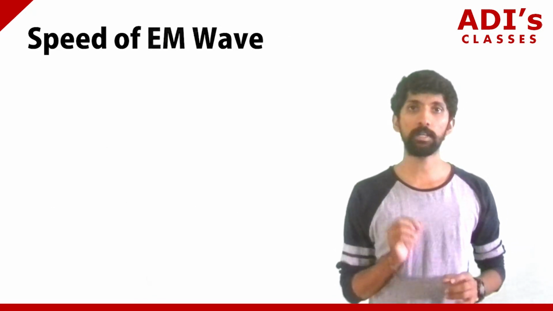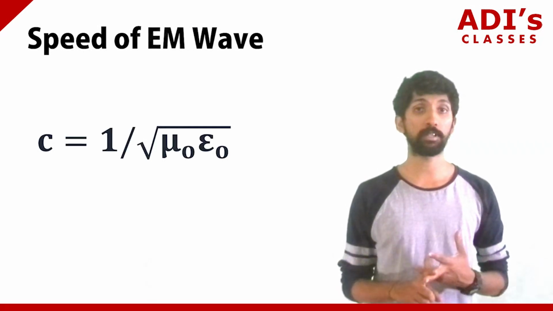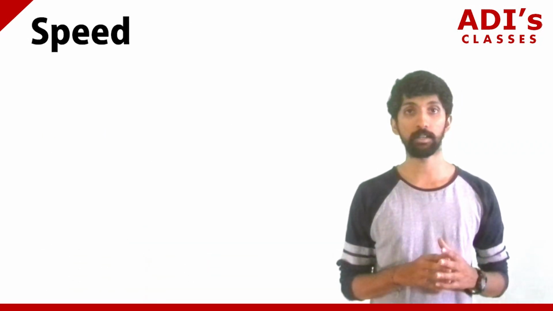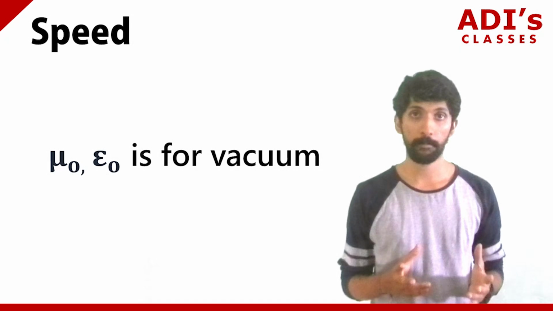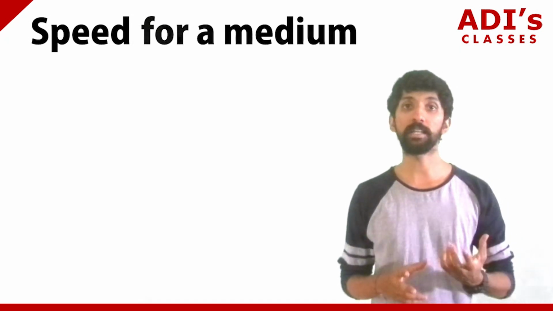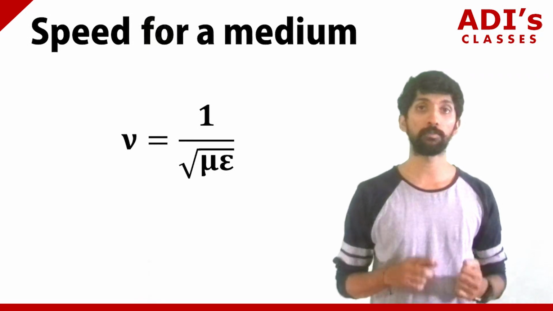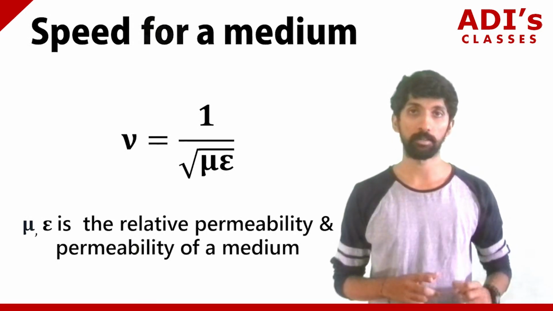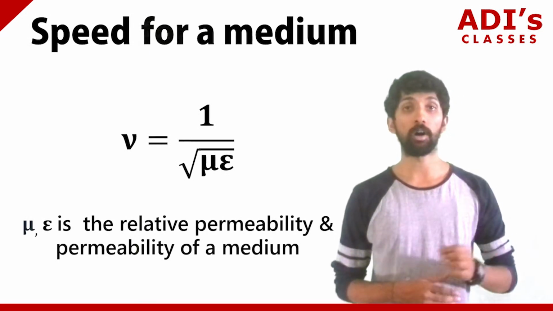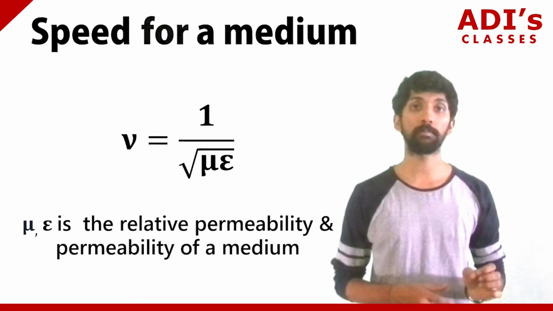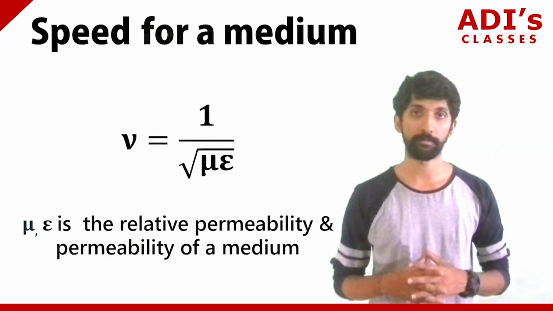One important point is, mu naught and epsilon naught are for vacuum, or what we call free space. Now what if we have a certain medium? Then we have V is equal to 1 over root of mu into epsilon, where mu and epsilon are the relative permeability and permittivity of the medium.